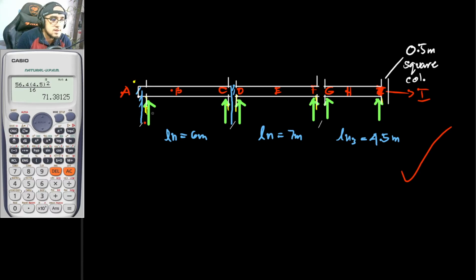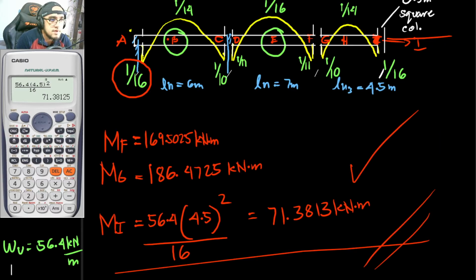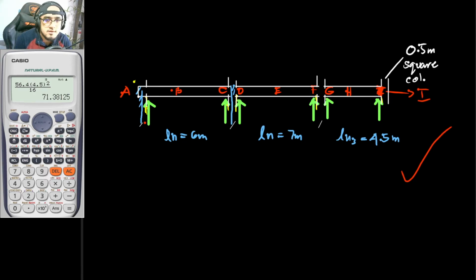And in this case, sabi sa provision kanina, pag exterior face of first interior support, dito daw is to be, so dito sa part na to, that is to be 1.15 times WLN divided by 2. And ganun din dito sa part na to.